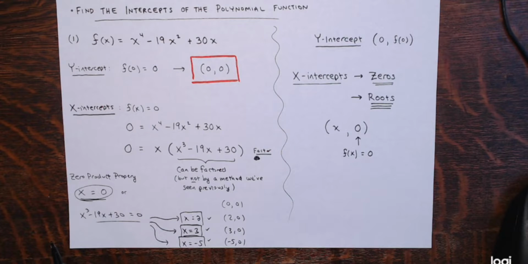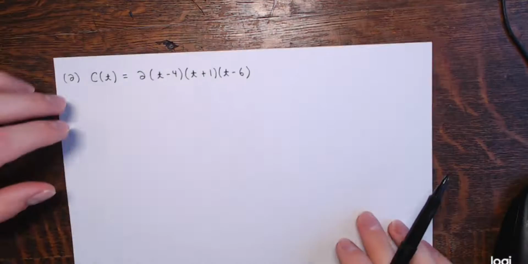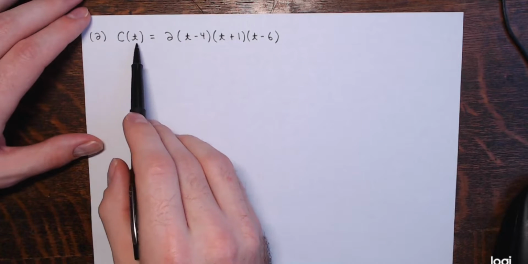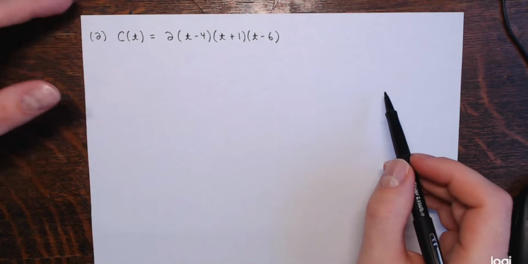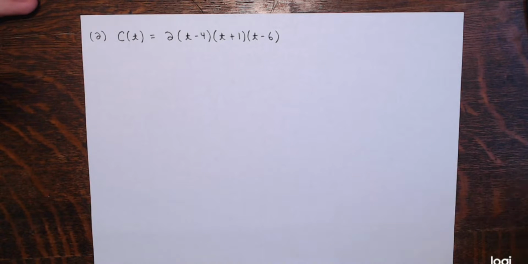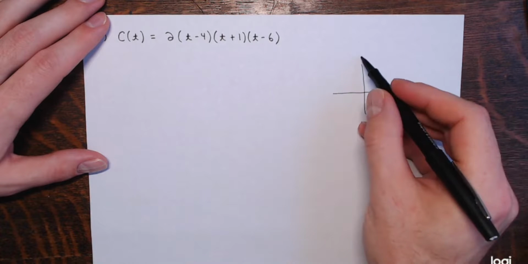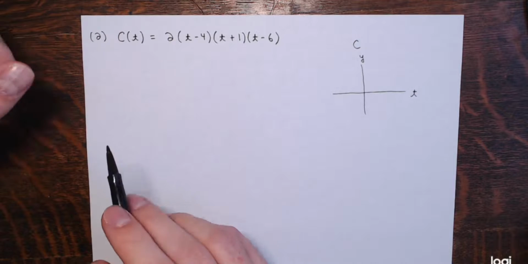Okay. Next example. Now the next one's pretty nice because the polynomial is already totally factored. We have a c of t. So now the horizontal axis is the t-axis instead of x. And you could still call the vertical axis the y-axis if you want, but you could also call it the c-axis, the name of the values of c here, c of t.